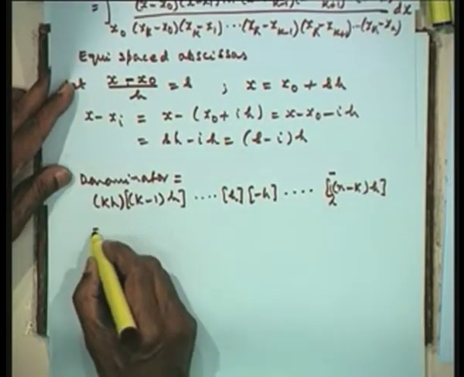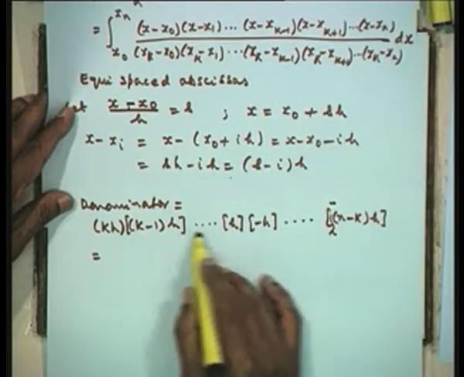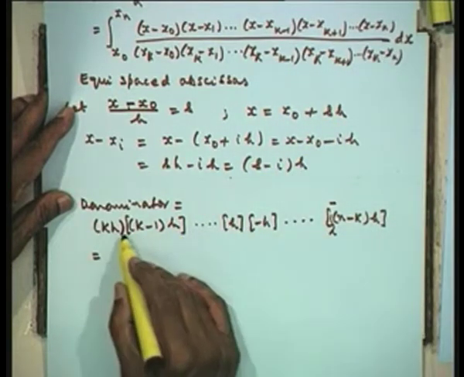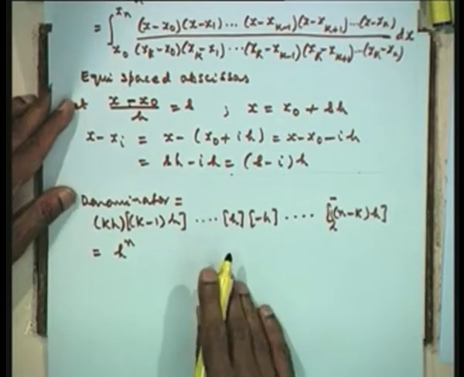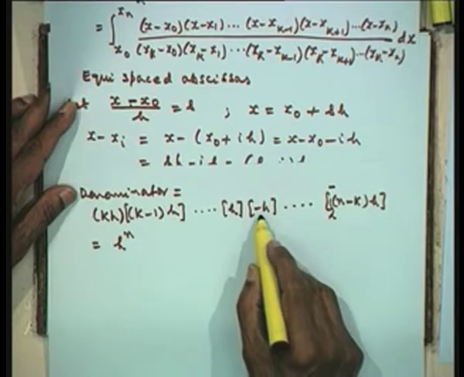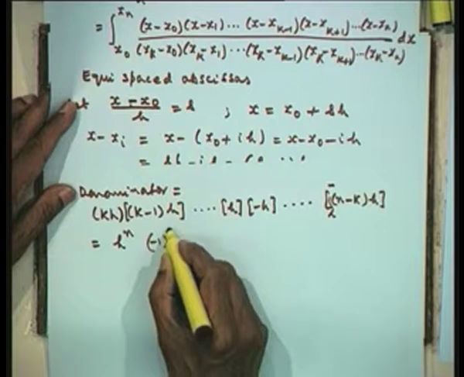Now, let us simplify this. The number of terms here are n. Therefore, each one is giving us an h, so it is giving h to the power of n. With the negative sign, there are n minus k terms. So, I will have minus 1 to the power of n minus k.